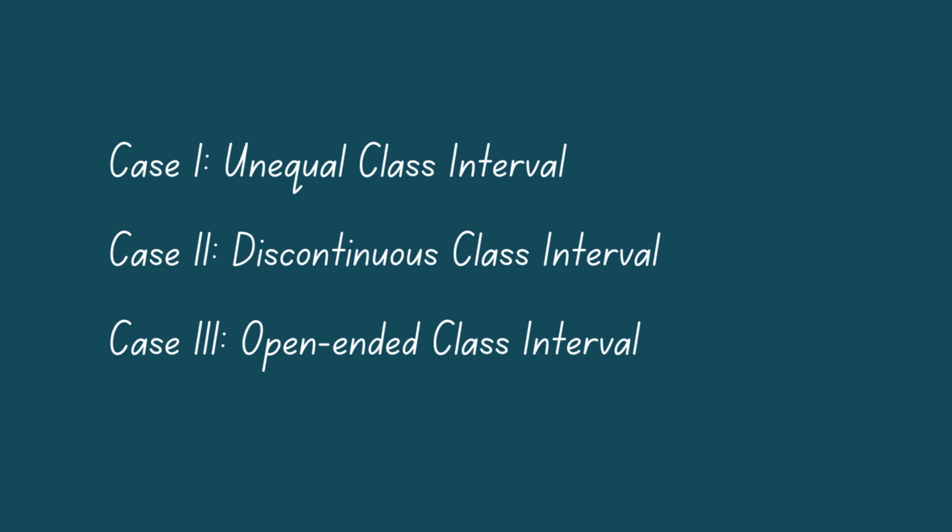The third case was open-ended class intervals, which begins with below or above or more than or less than, these kind of class intervals. Here we look at the width pattern of the other classes and use it to estimate the boundaries of the open-ended classes. Then we proceed as normal. In all 3 cases, the core formula for mean remains the same, which is sigma mf by sigma f. And we also said that sometimes instead of class intervals, you might directly be given the midpoints in the data table itself.